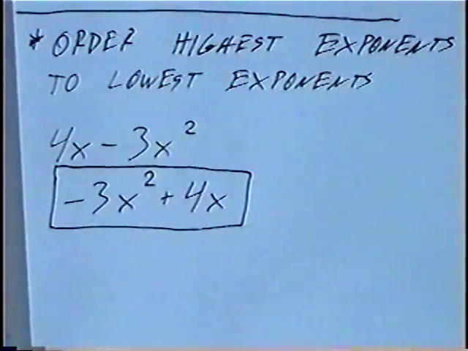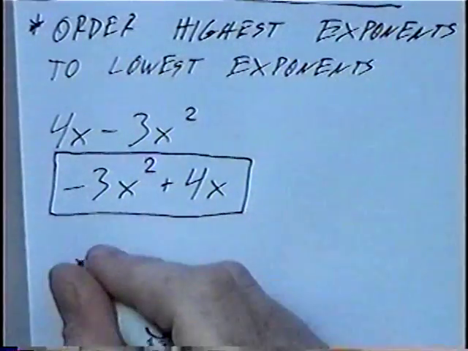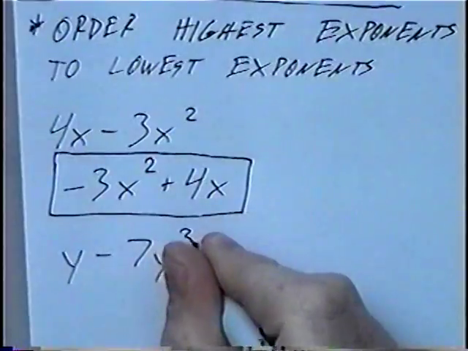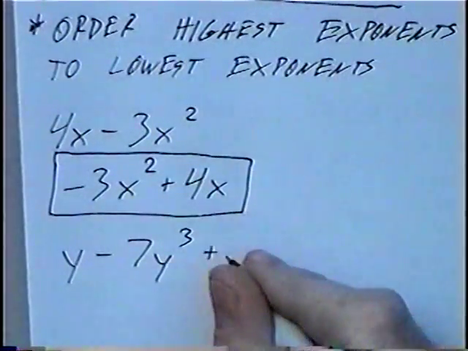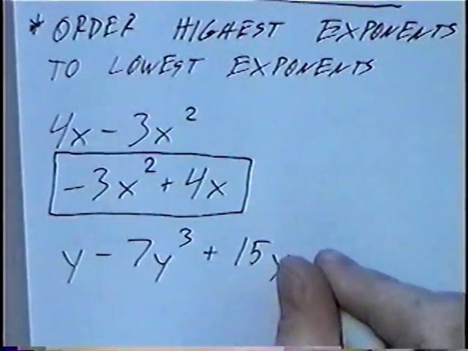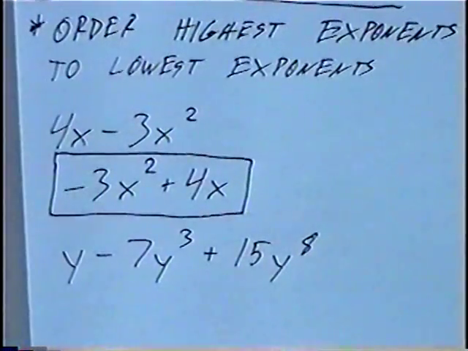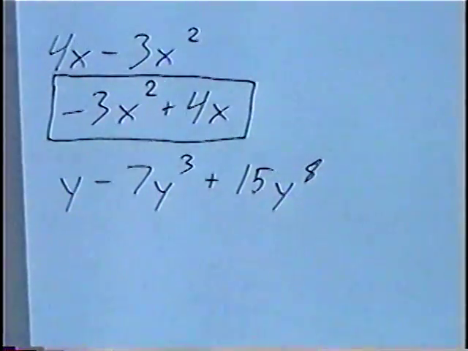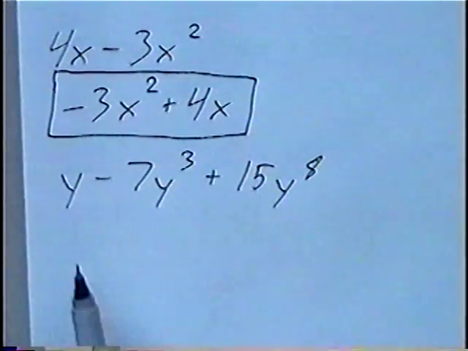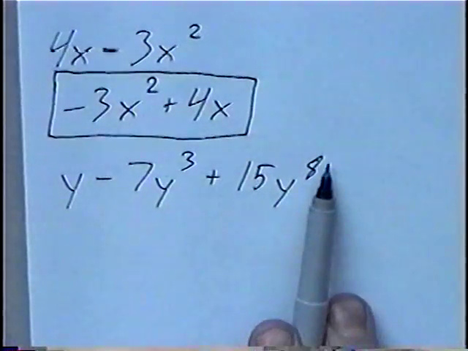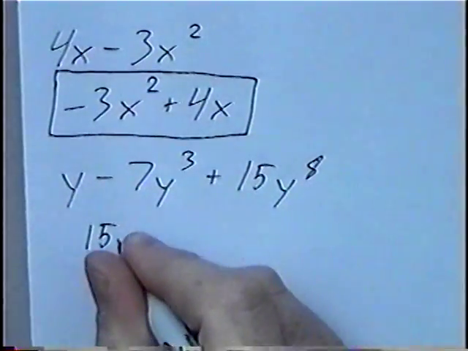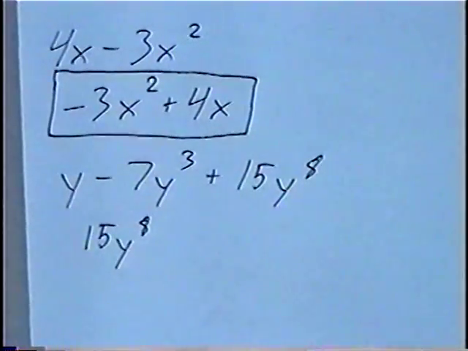Second question and last question for the section. Y minus 7y to the third power plus 15y to the eighth power. Again, ordering from highest to lowest using the exponents. The highest exponent would be 8, so the term 15y to the eighth would be the first term for standard form.